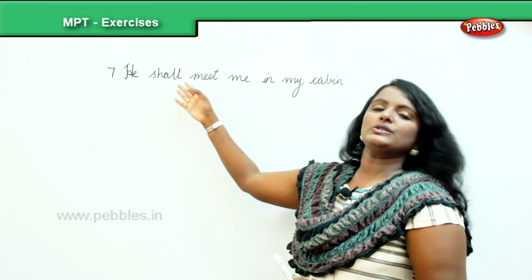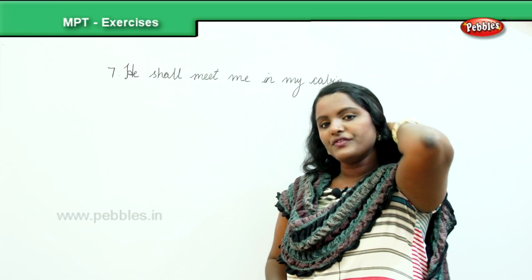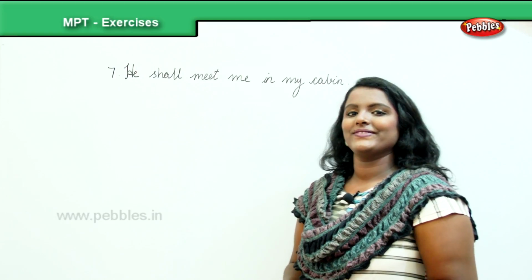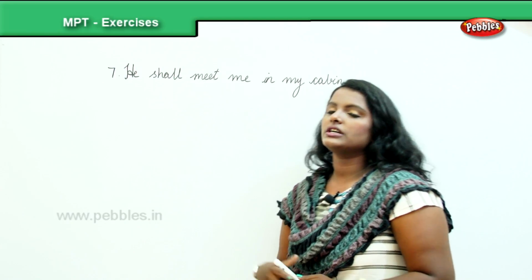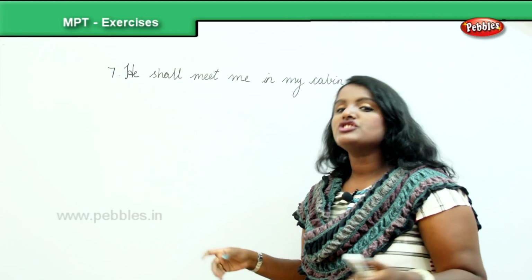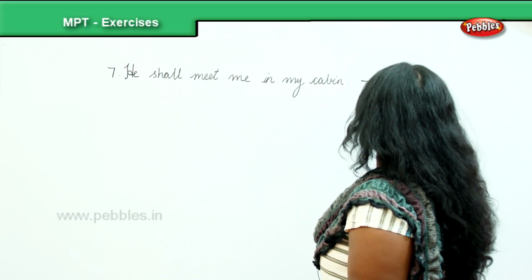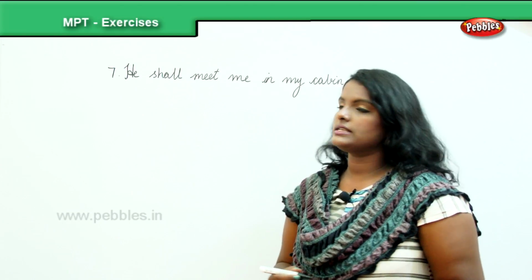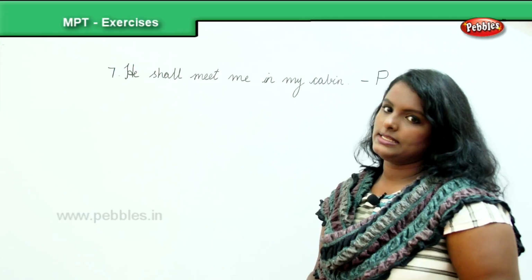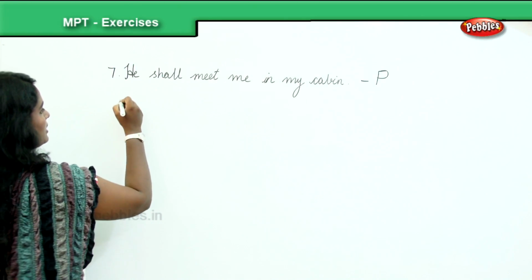You wouldn't have seen this word shall in the multipurpose table, which we had discussed in the previous session. This belongs to the simple future tense. You can use both will or shall for the simple future tense, and this is a positive sentence. Let's start converting it into the negative sentence.